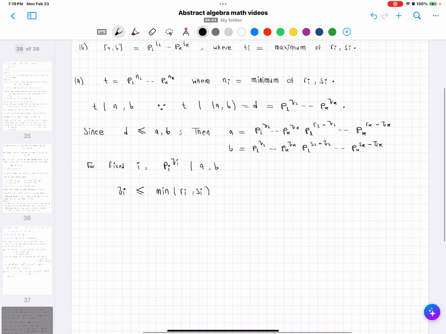So in particular, we must have that D is less than or equal to T. So therefore, T is equal to D.